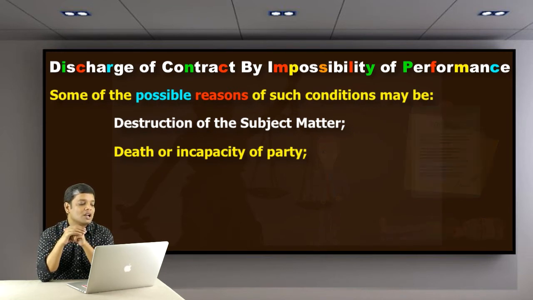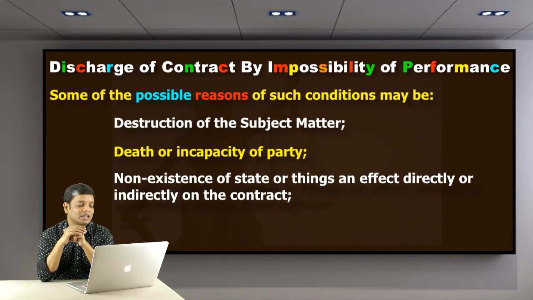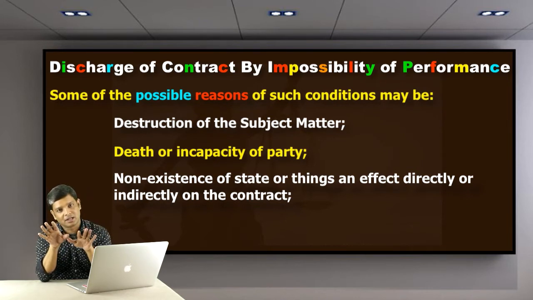The next one is non-existence of a state or things having an effect directly or indirectly on the contract. What does it mean? That you contracted something that is already gone. There is no existence of that thing that you contracted. In such a case, this contract is void, and supposed to be discharged.